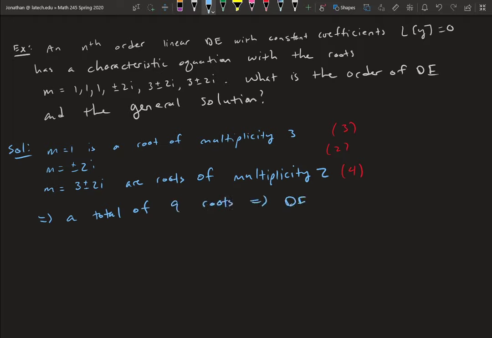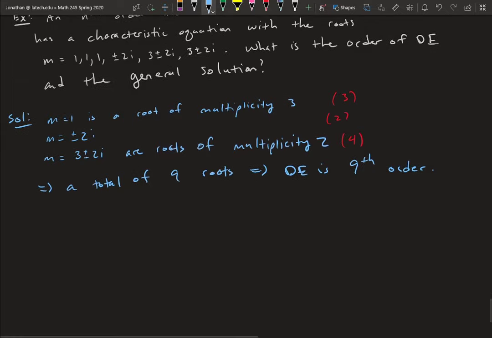Implies the differential equation is 9th order. So it's a 9th order differential equation. Now, what is the general solution of this 9th order differential equation?